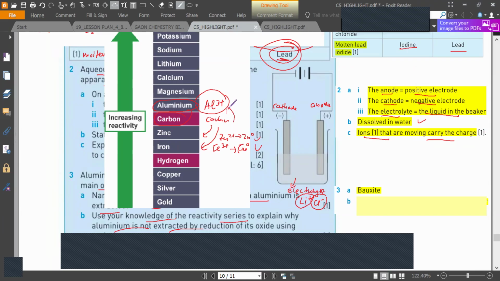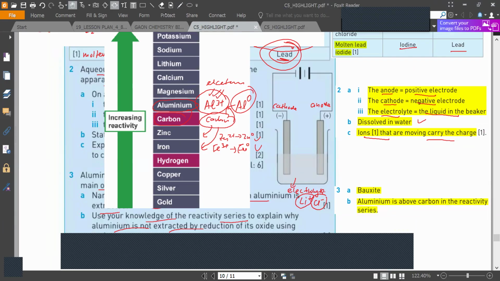But with aluminium, carbon cannot, because aluminium is higher. If it is higher, it cannot use carbon. So for aluminium we must use electrolysis to return it back to the aluminium metal. So that's the point: aluminium is above carbon in the reactivity series.